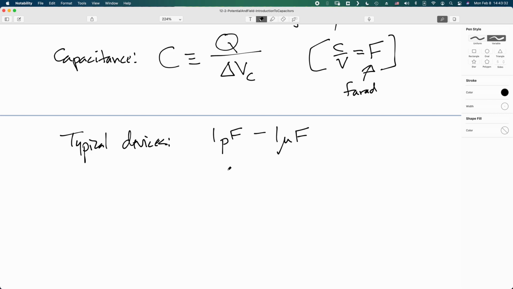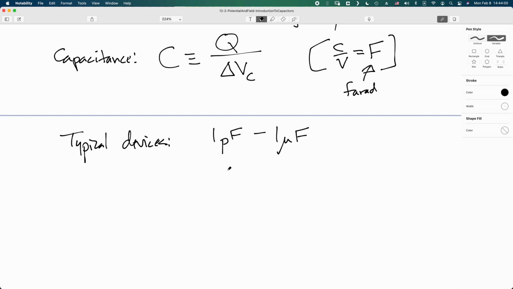Since these operate at higher voltages, these devices are a lot bigger than the ones you see in computer power supplies. The computer power supply ones are on the order of the size of maybe a US 50-cent piece across and maybe about a centimeter high, something like that.